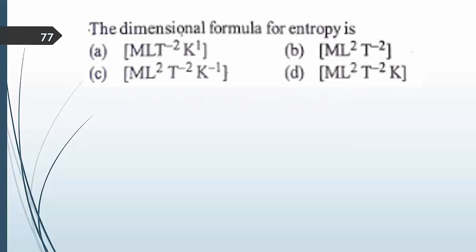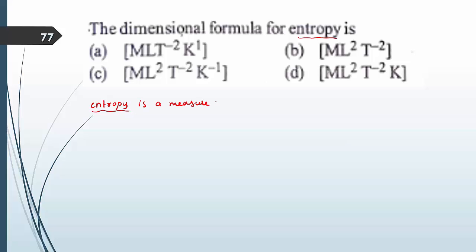Question number 77. The dimensional formula for entropy is, yes, what is entropy? Entropy is the measure of system's thermal energy per unit temperature. First you should know the definition. Entropy, about this term you are going to study in detail in chemistry.